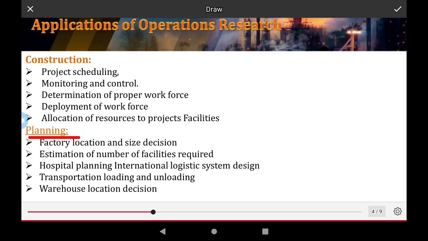Low cost workers are available, and you establish the plant on this basis. You analyze all the factors and establish the factory and plant location, okay.